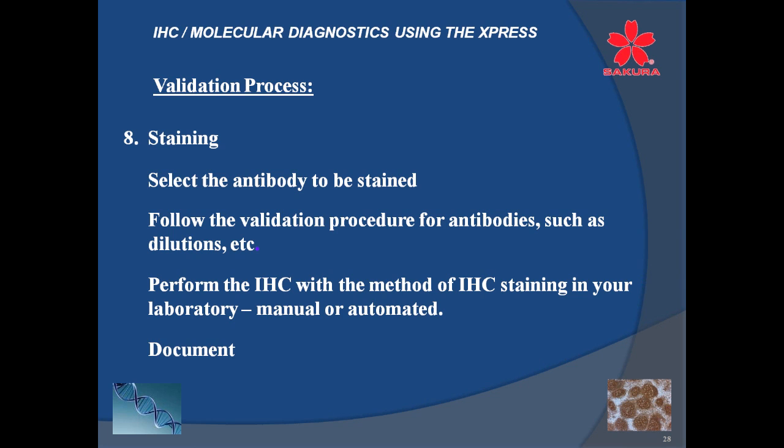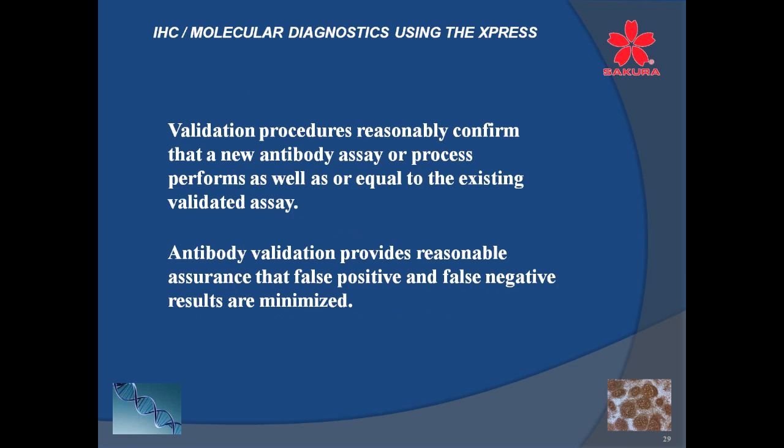I would envision that most people these days have automated stainers, except if you're doing some research or there's some reason that you're having to do some of your immunohistochemical procedures manually or offline. Either way, whatever method you do it, that's how you would proceed. And then, of course, document your procedure and your results, so you have some record of what you have done.